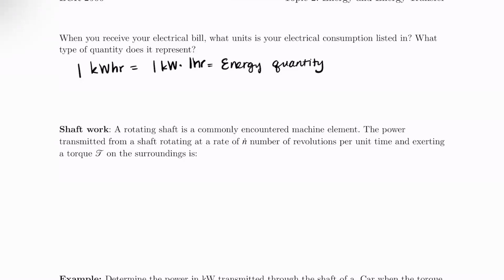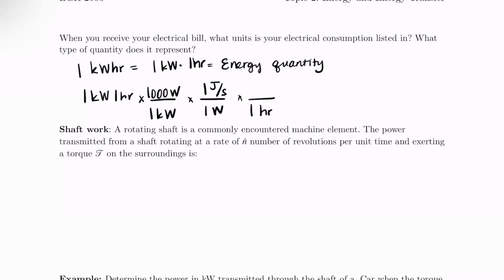And let's do a conversion to get this into joules. All right. So if we have 1 kilowatt hour, we want to first convert from kilowatts to watts. So 1 kilowatt is 1,000 watts, right? And then 1 watt is 1 joule per second. And then we know that 1 hour has 3,600 seconds in it, right?